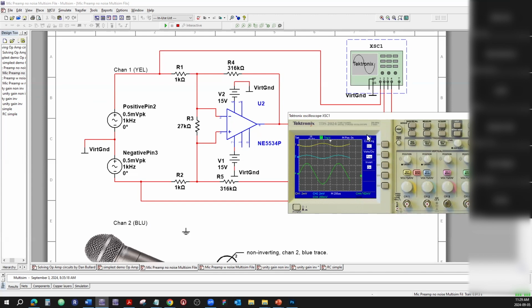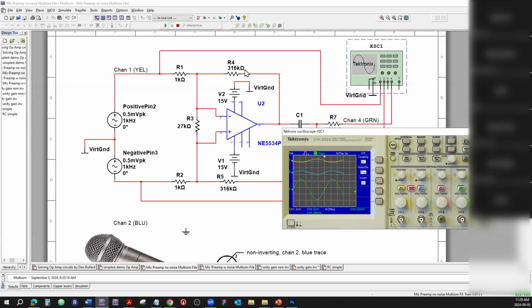So where's the noise? Let me show you how it works with the noise. I'm going to add 2 more signal generators and simulate noise, but those 2 are going to be in phase with each other.